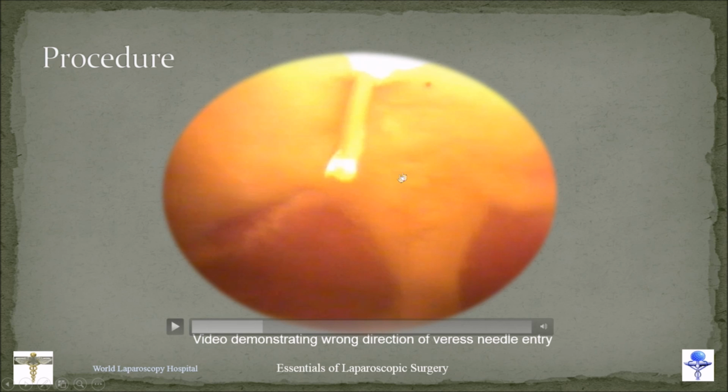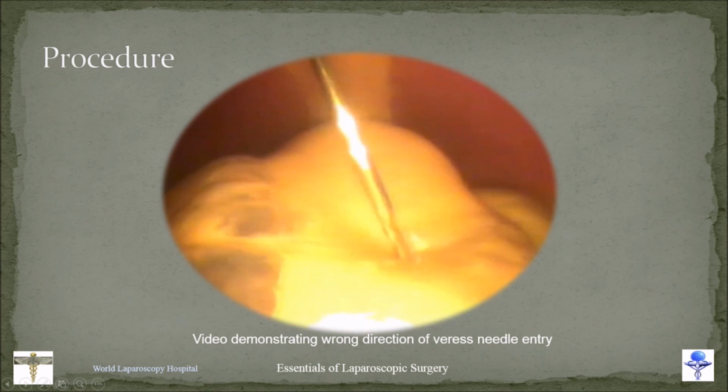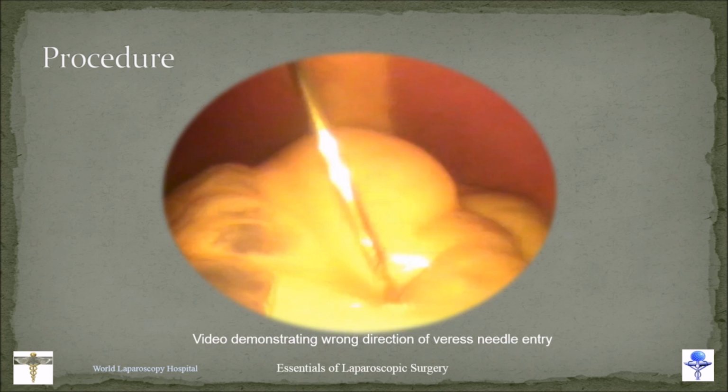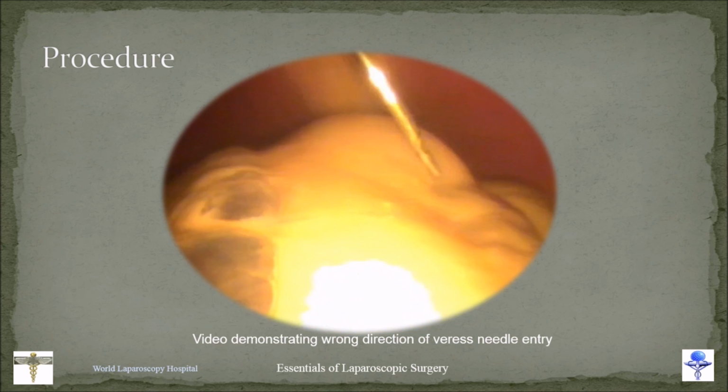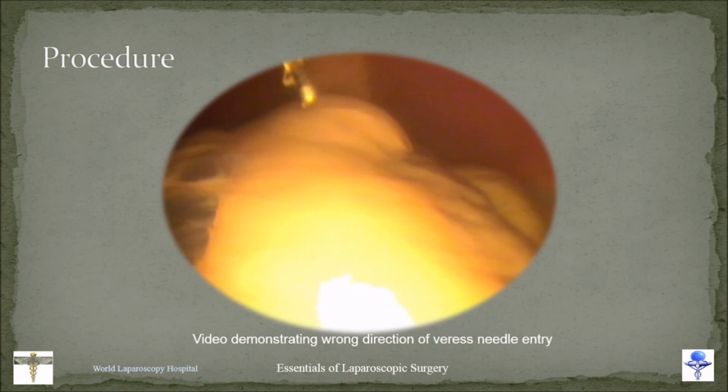As soon as the Veress needle is punctured, the peritoneum is returned back, and now this is the blunt tip coming out. The advantage of this blunt tip is that even if it touches any of the bowel, it will not get injured, and it can be safely used. So, this is very good.